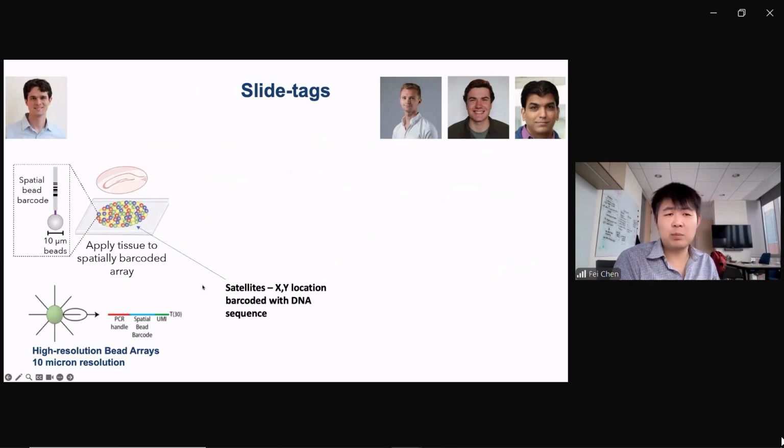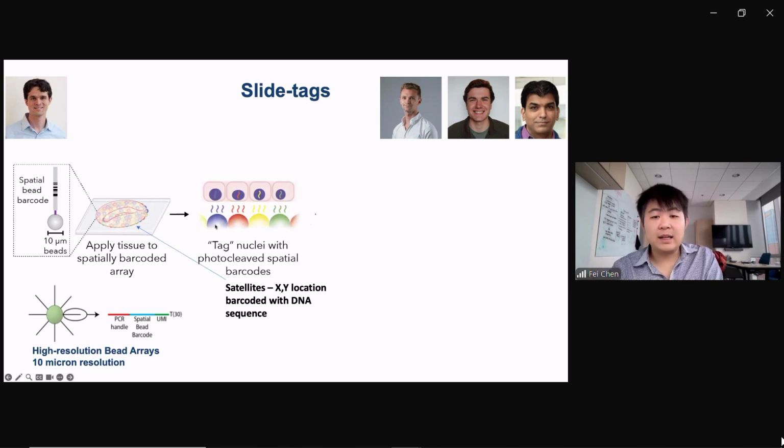So we developed this approach called Slide-tags, which is kind of like running Slide-seq backwards, but it allows you to get single cell data and know where the cells came from. How it works is, again, you take the same barcoded arrays, and now you put the tissue on. If you remember, each bead has a unique barcode that you know the XY location of.